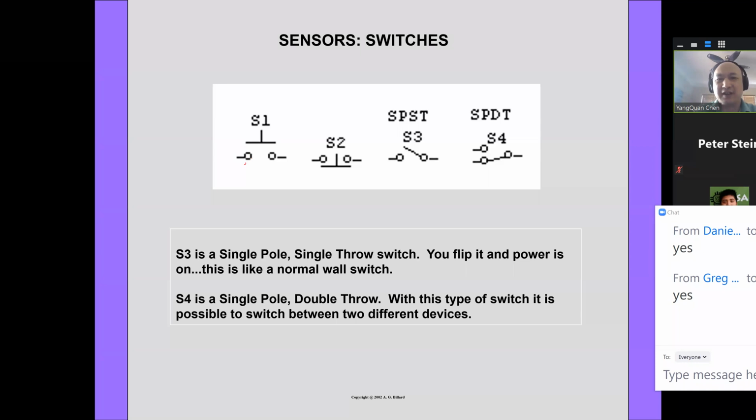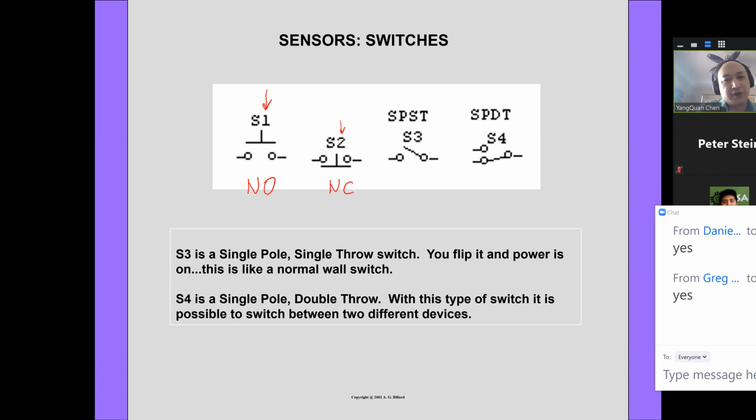When you have a button, right? This button, you press down, then it will connect. So this is called normally open, okay? But this one, if we push, then it will disconnect. So this is normally closed.